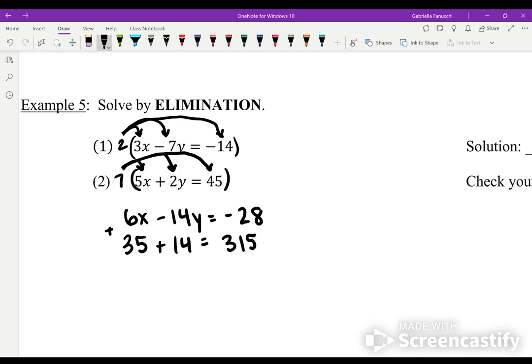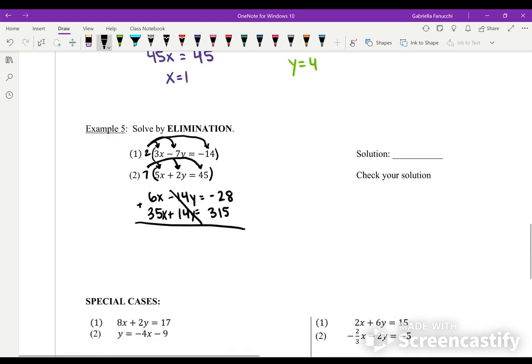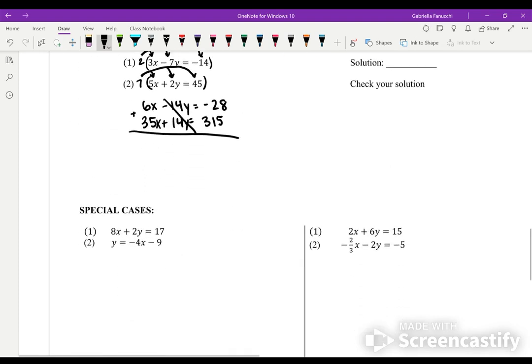Remember, we're adding these equations together, and we just got this one to cancel out. We're eliminating the y's. So you can solve for x. And look, I forgot my x's and my y's. Then you're going to solve for x, take that x, plug it back into the equation. Okay, so you can complete that on your own.